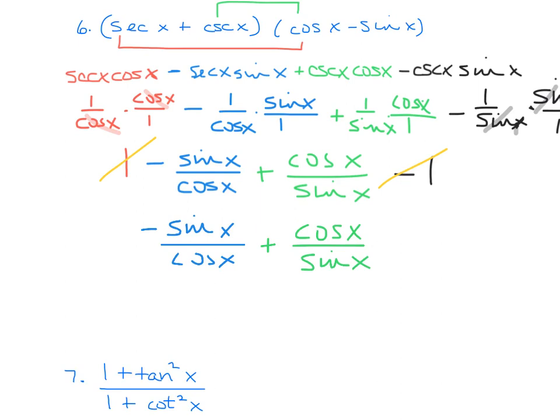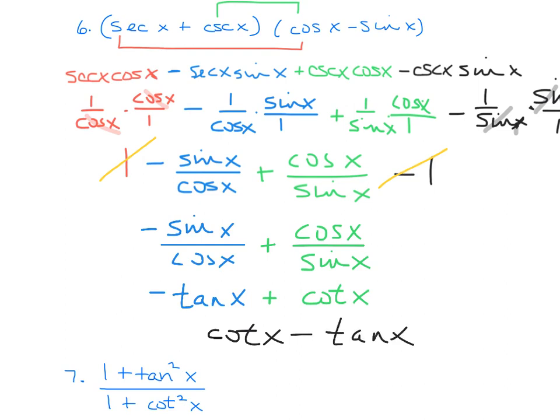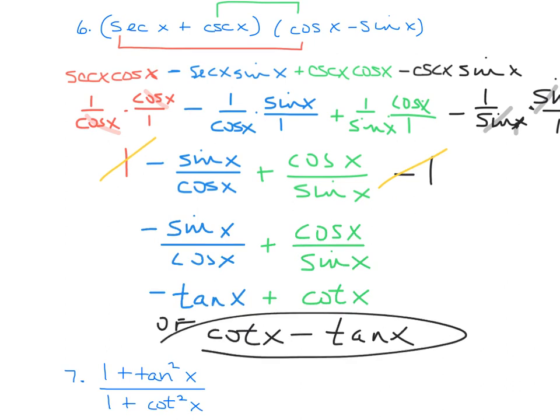The blue one is the tangent, and the green is the cotangent. I can flip it around and just put a subtraction sign in between so it's easier to read. You could leave it, but I wouldn't leave a negative out front. So I'd flip it around.